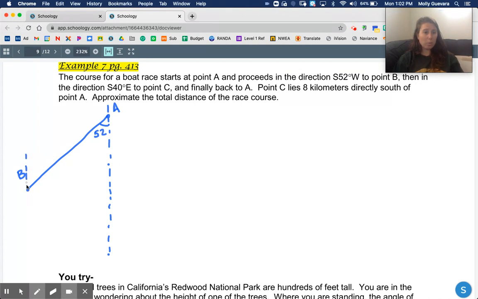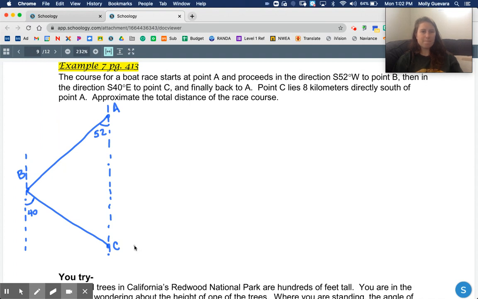Then on point B, it turns and it goes southeast back to point C. And it goes southeast 40 degrees. So this right here is 40.